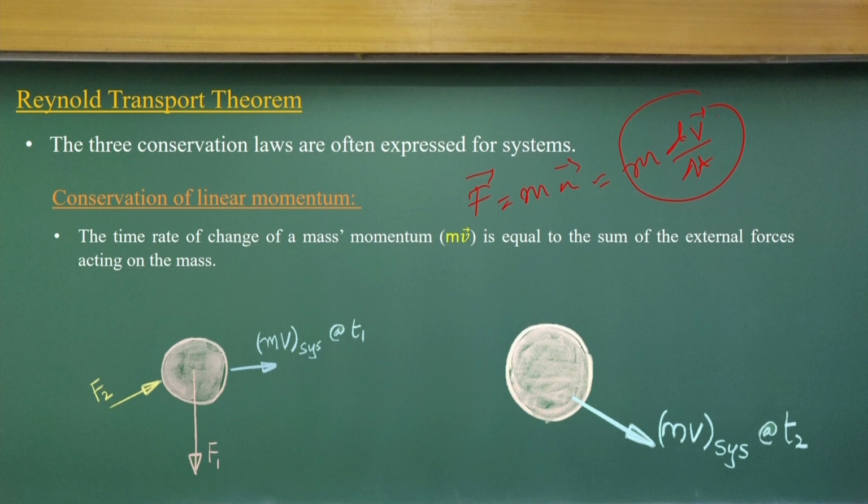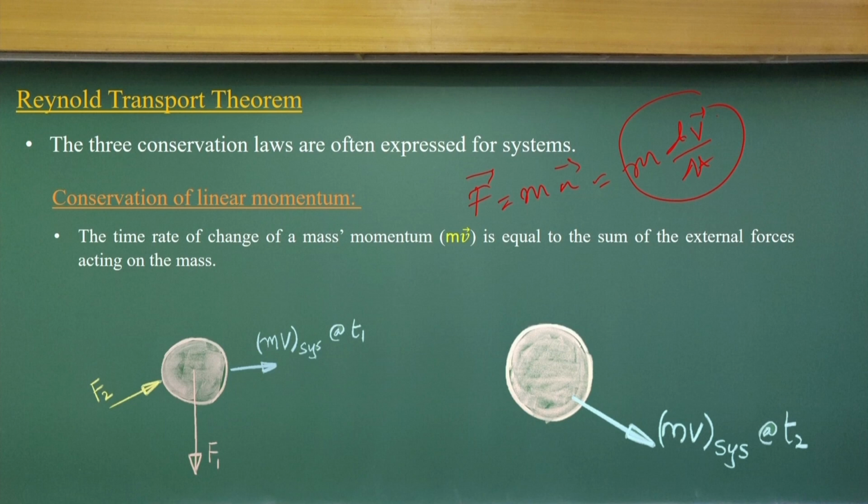That gives the force as mass into acceleration. That is Newton's second law of motion, and you have been using it to solve many problems in the 12th level physics class or fluid mechanics type of problems.